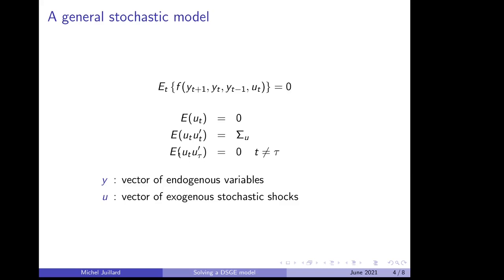So the expectation of ut times u tau prime at different periods is equal to 0 for every time that the two periods t and tau are different. Again, yt is a vector of endogenous variables, and ut of exogenous stochastic shocks.